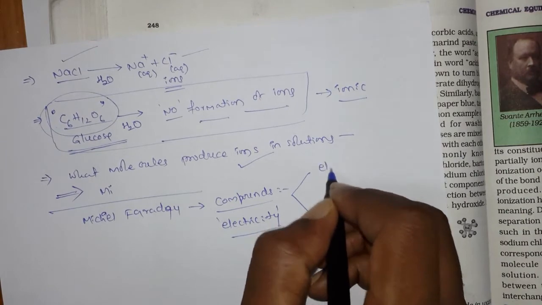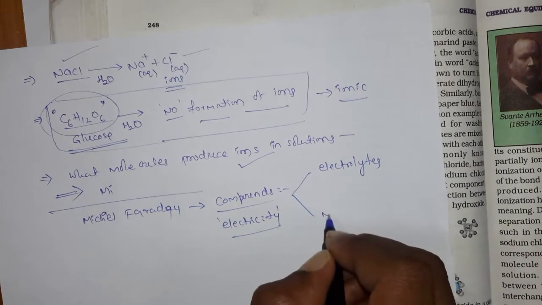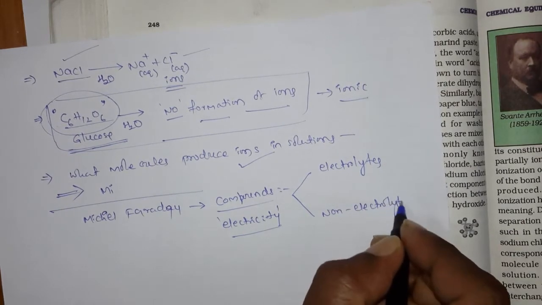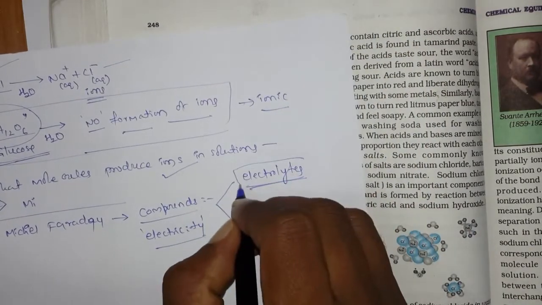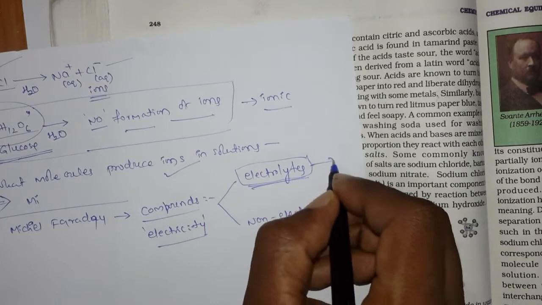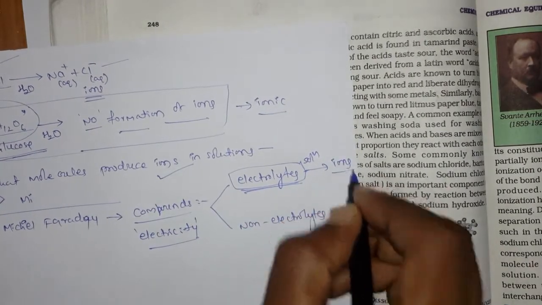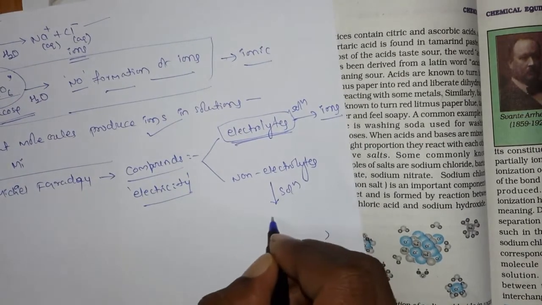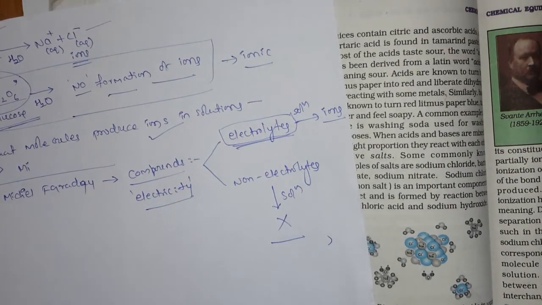One is the electrolytes, another one is the non-electrolytes. Okay, so what is the electrolyte? Generally, mostly these electrolytes, when you dissolve into the solution, give the ions. But these non-electrolytes, when you dissolve in the solutions, cannot give or form any ions.